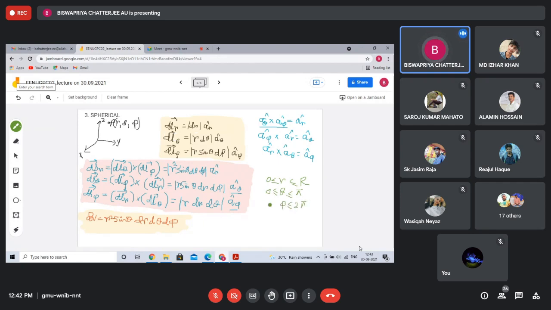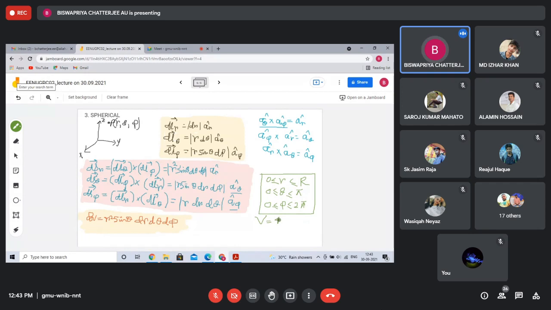So can you give me the volume of this? Anybody? Sir, 4 by 3 pi r cube.